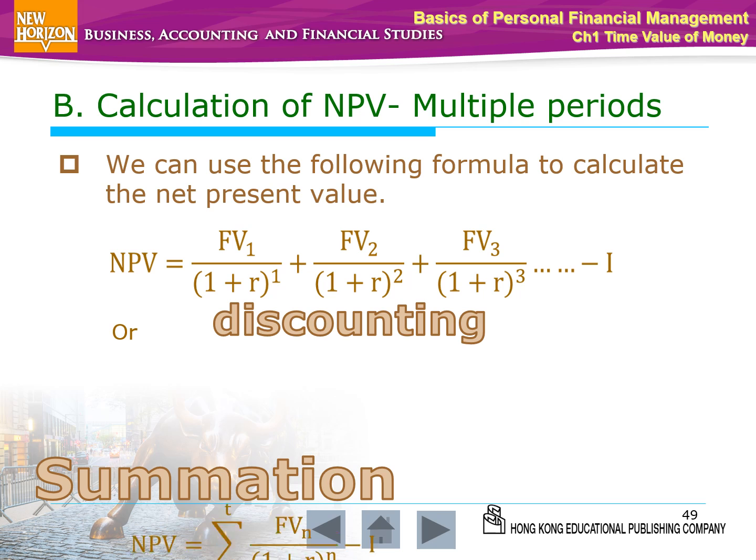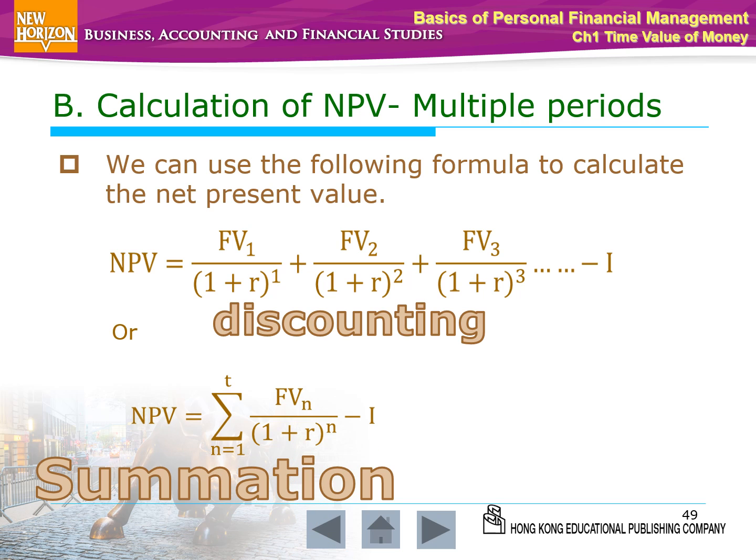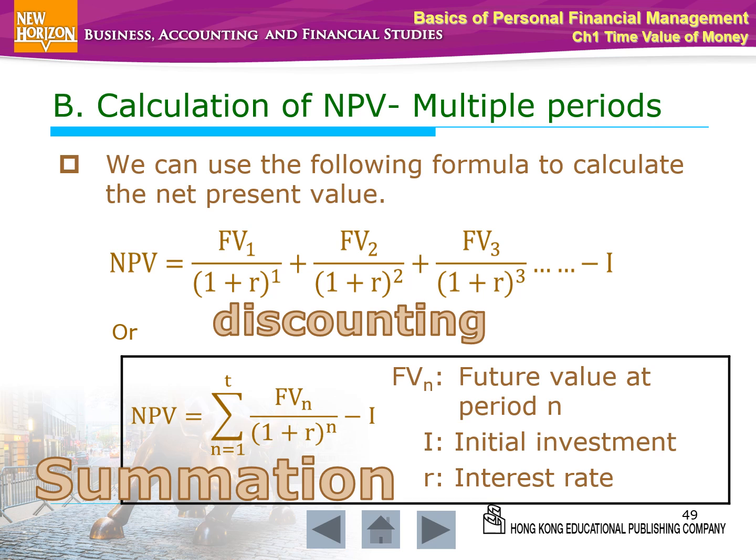This is called discounting. Or we may use this technical term, summation. This is like a sigma, summation. n stands for year period 1, year 1. t stands for the end of the period. Usually you will not use this formula in BFS.